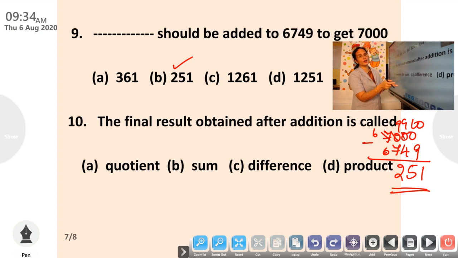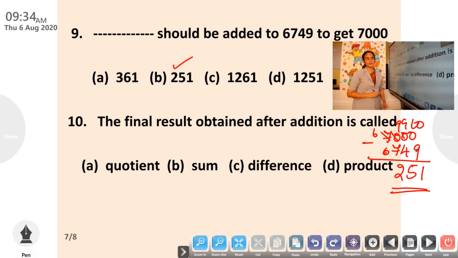So remember how to do this one? The sum minus the given number. That is 7,000 minus 6,749 gives 251.